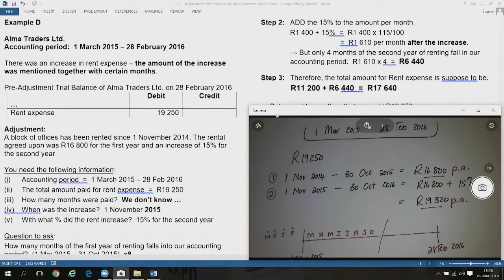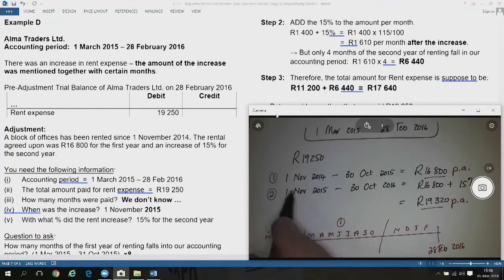Now we are in the second year: November, December, January, February. If I talk about the first year, I talk about that period there, and if I talk about the second year, I talk about that period there.